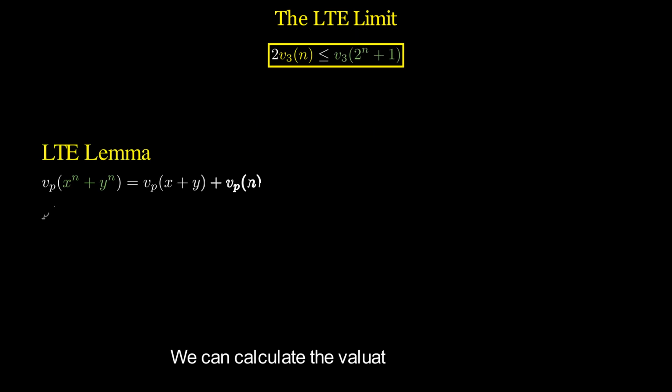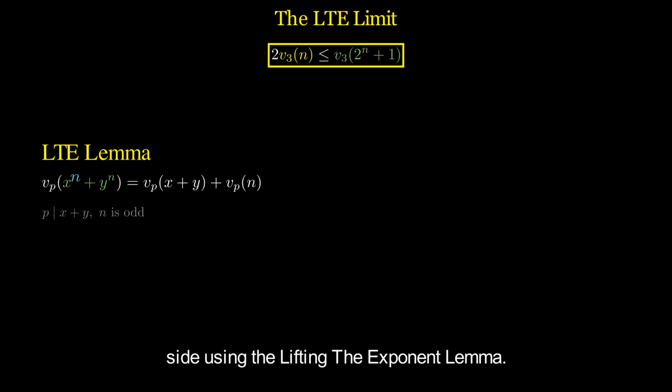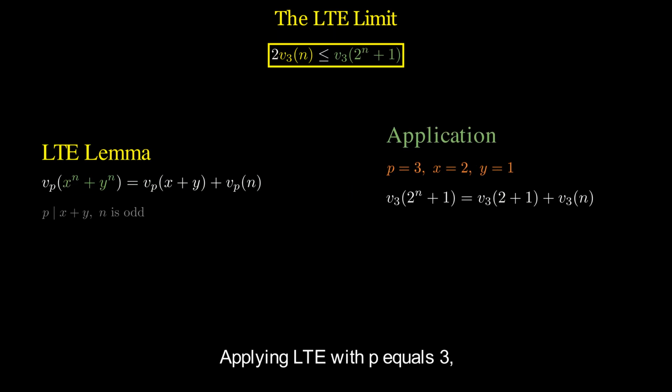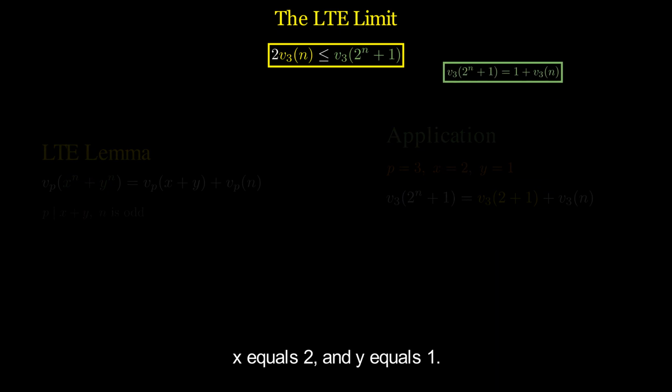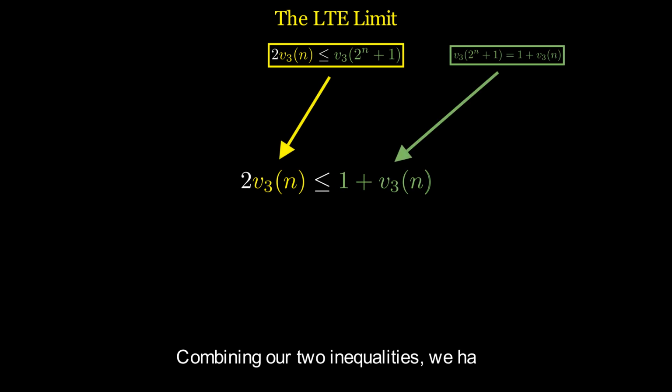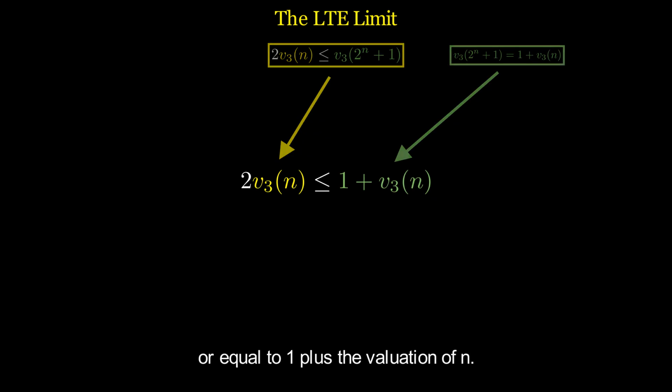We can calculate the valuation on the right side using the lifting the exponent lemma. Applying LTE with p equals 3, x equals 2, and y equals 1. Combining our two inequalities, we have 2 times the valuation of n is less than or equal to 1 plus the valuation of n.